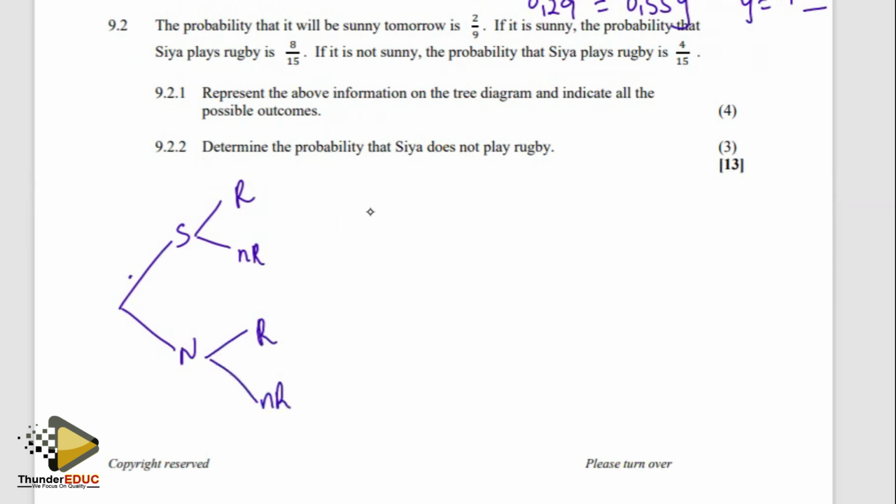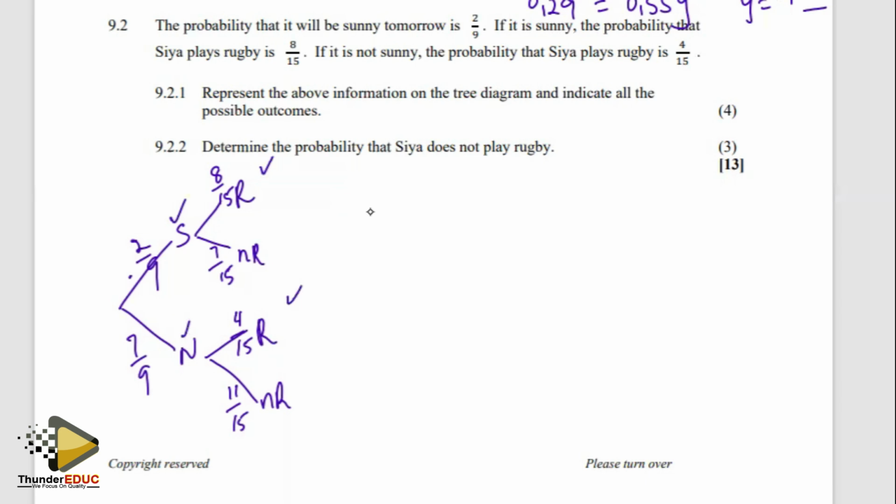So they're telling us that if it's sunny, it is 2/9, which means this must be 7/9 for the branch to give us a 1. Then if it is sunny, probability of playing rugby is 8/15. This must be 7/15. And then if it's not sunny, probability of playing rugby is 4/15, and then this must be 11/15. So the outcomes are, we know, sunny and rugby, sunny, no rugby, not sunny and rugby, not sunny and no rugby.